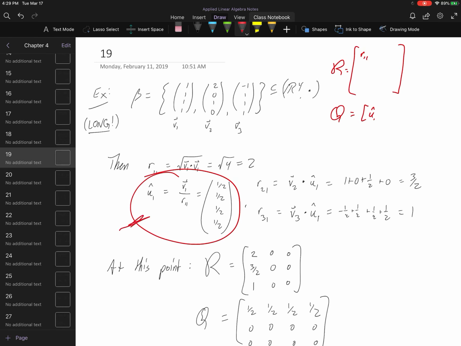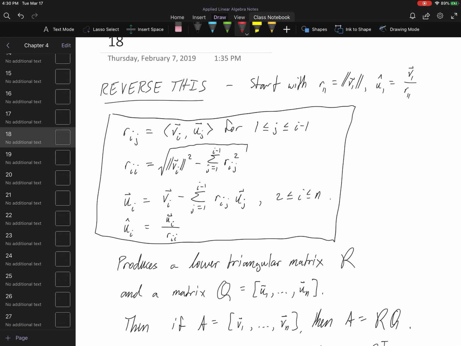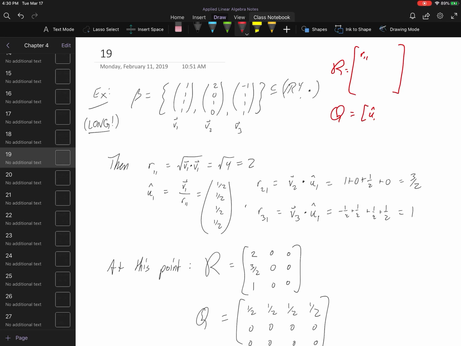We need to figure out how to represent V2 in this space now. But V2 I can actually pick up pretty readily if I compute R21 rather. So I'm going to go to this step and start computing all of the inner products that I can get off of U1, right?